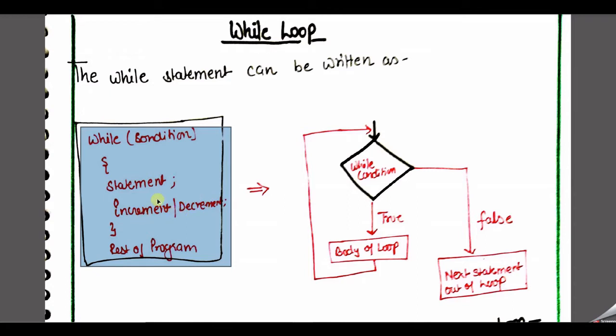That means the termination of the loop is decided by the increment and decrement function, and with its help we can also decide how many times this loop will be executed.